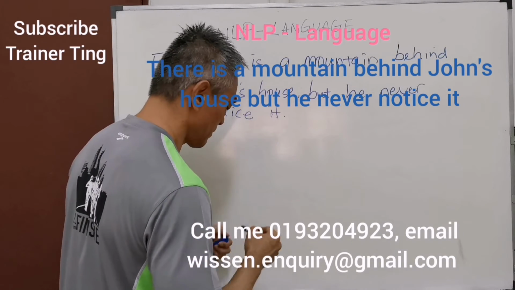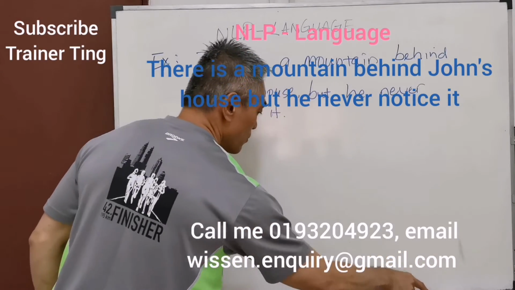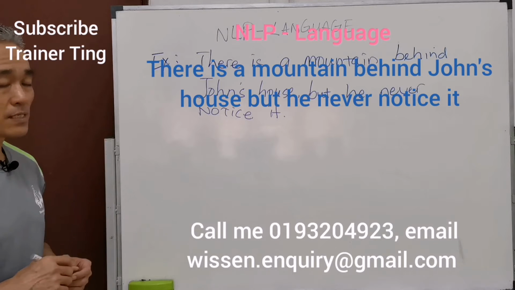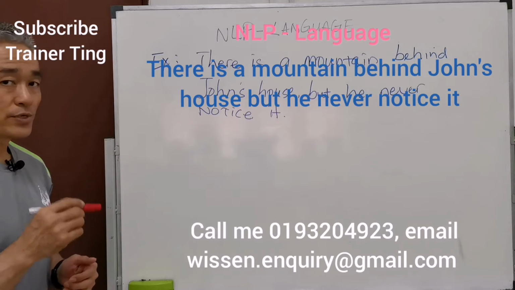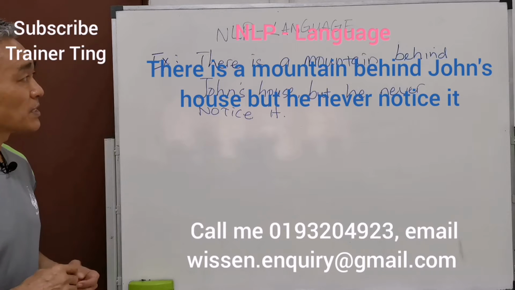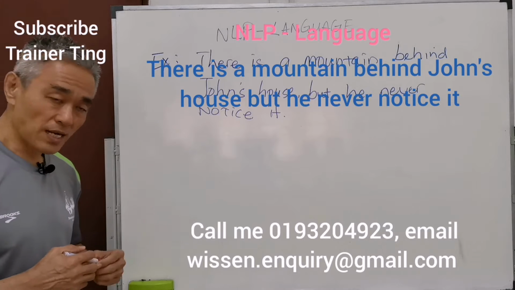Now from here, in NLP, we want to know how we are going to identify the language from this sentence. When we're talking about the language, it's just like going back to the English class.